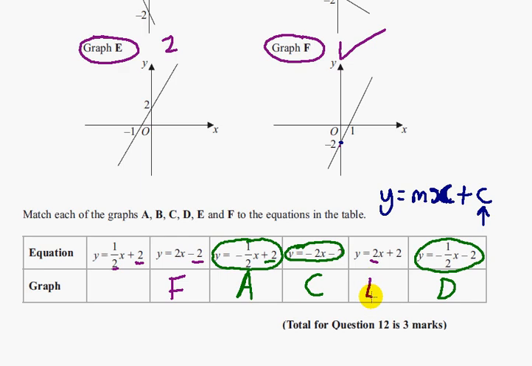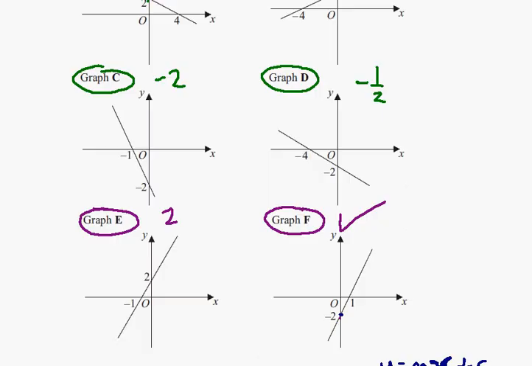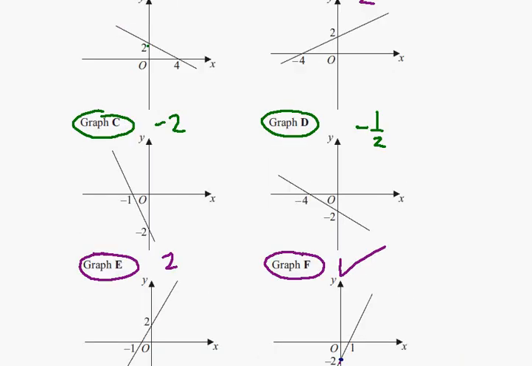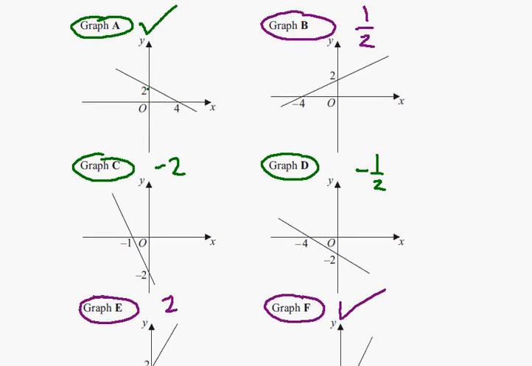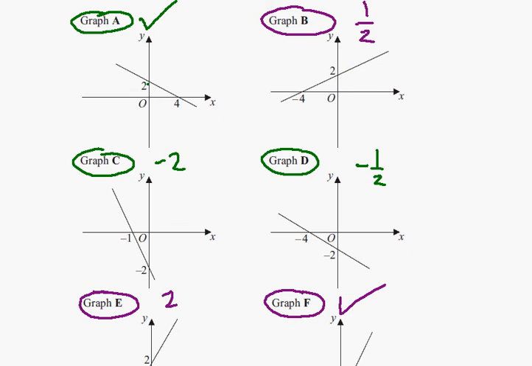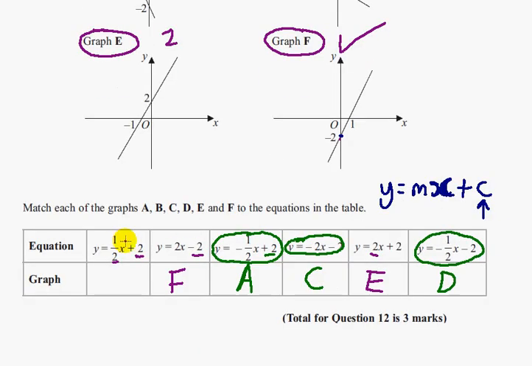This one, E. And apparently the last one has a gradient of a half. I can't remember what I wrote. So the last one was graph B. And yes, it has a gradient of a half, so everything's okay, and a y-intercept of 2. So half here and plus 2. Perfect. So that was graph B.